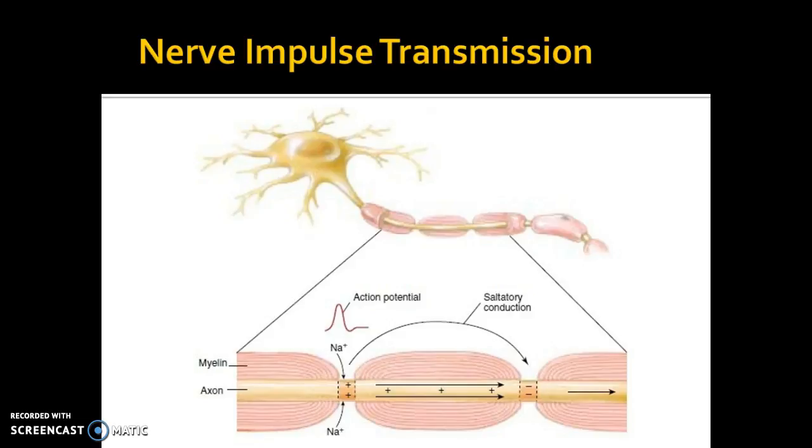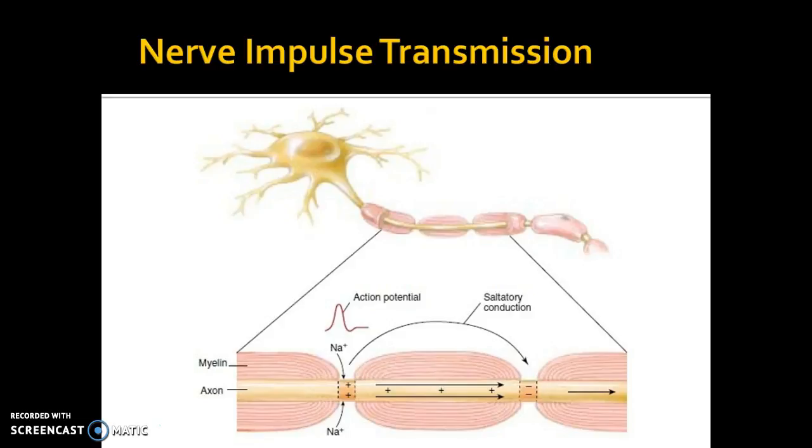So, nerve impulse transmission. A decrease in the pH in the muscles will cause the speed of contraction to be less, so it'll be a slower contraction, and the contraction will be less powerful. An increase in the concentration of hydrogen ions will increase the acidity, and a decreased pH or increased acidity causes a decrease in the conduction speed of muscle fibres.